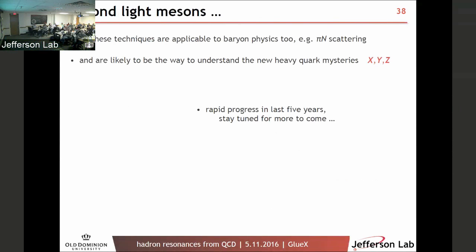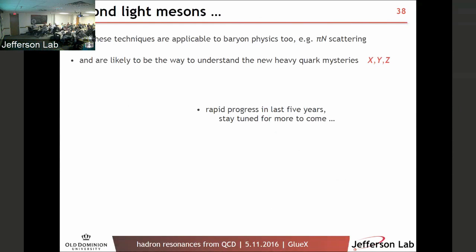Okay, I'm coming to a close. I've shown you examples in the light meson spectrum, but everything I've shown you is in principle applicable to baryon physics too. Right? Rather than studying pi-pi elastic scattering, you could study pi-n elastic scattering and hope to see the delta baryon as an analog of the rho. And that can be done.